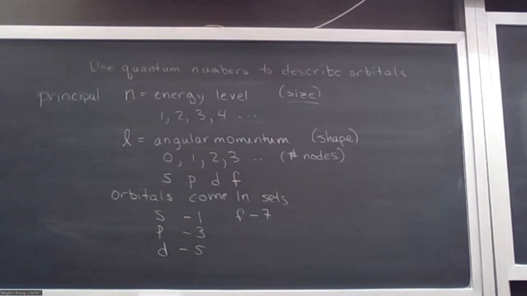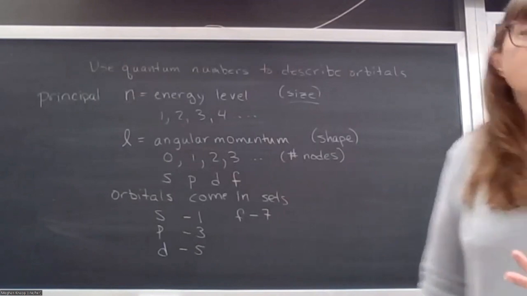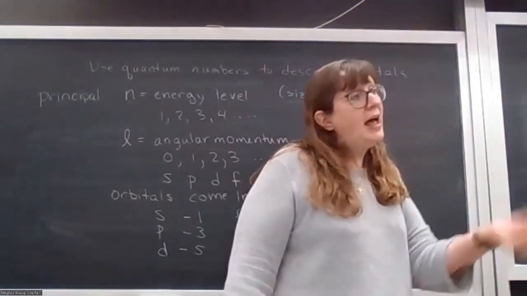Okay. So when I write about orbitals, I often describe them by the principal quantum number and the L, the angular momentum. If I were talking about hydrogen, I would say hydrogen is using its 1s orbital.